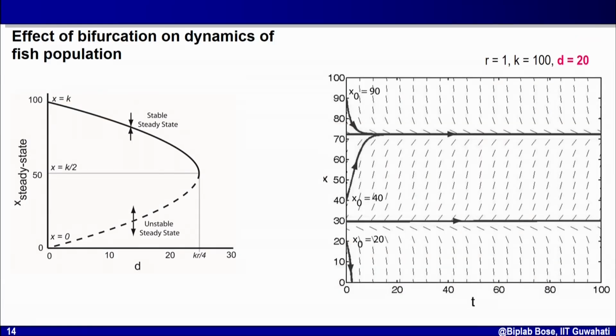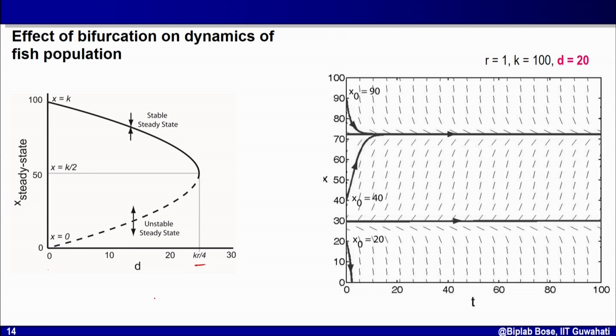Now, we have seen bifurcation, but let us now look into, for this particular example, how this bifurcation will actually affect the dynamics of the system. So we know I can have two interesting regimes when d is in between, suppose, 0 and kr by 4.